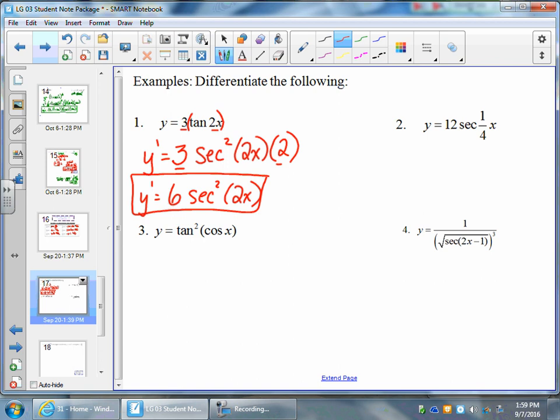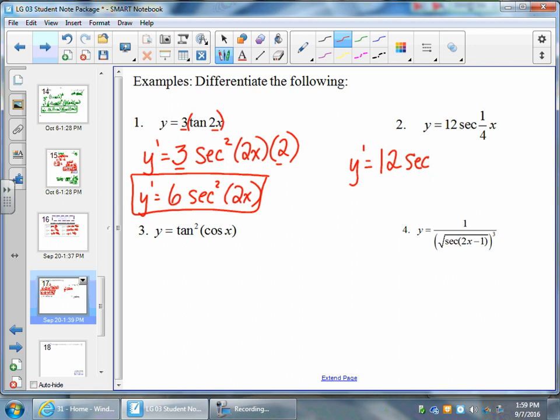All right, let's take a look at number 2. Again, please, guys, I encourage you, especially in this unit, pause, try, pause, try, pause, try. All right, so y prime, I've got my 12 is going to stay right where it is. The derivative of secant, remember, includes itself.